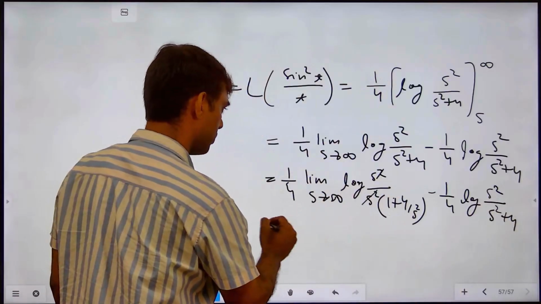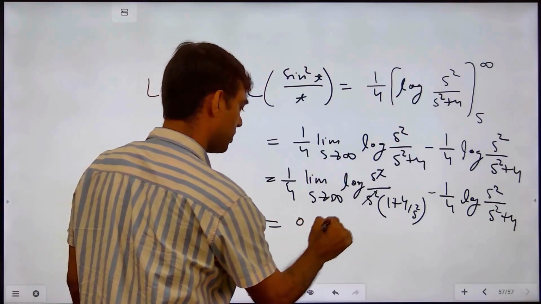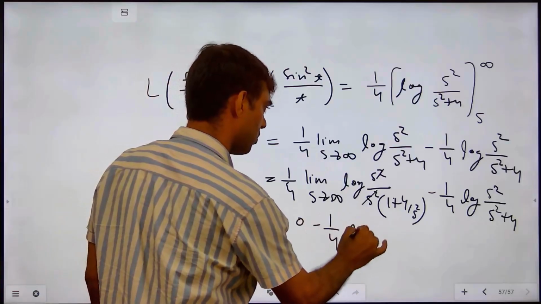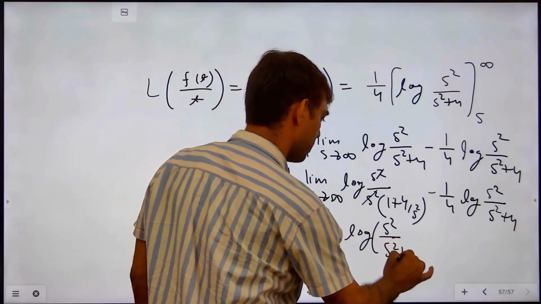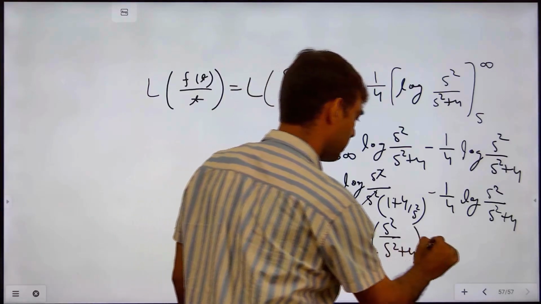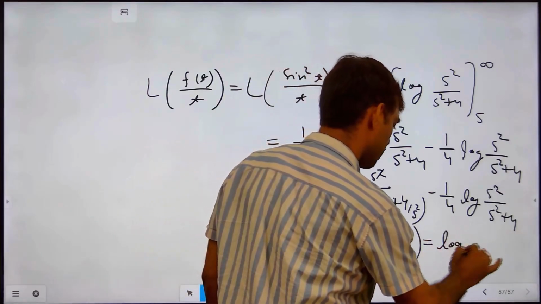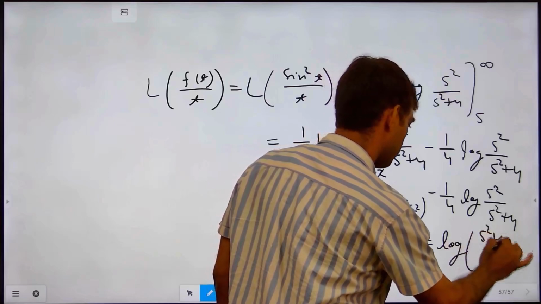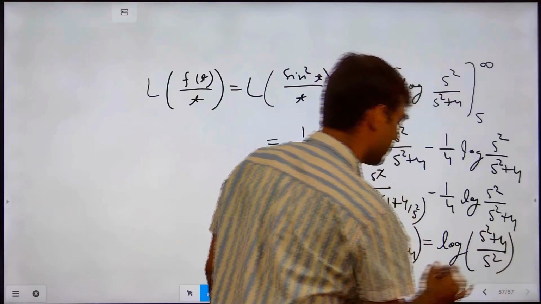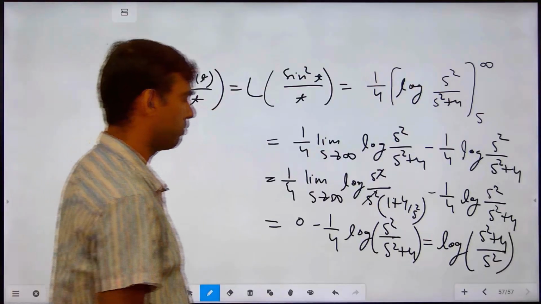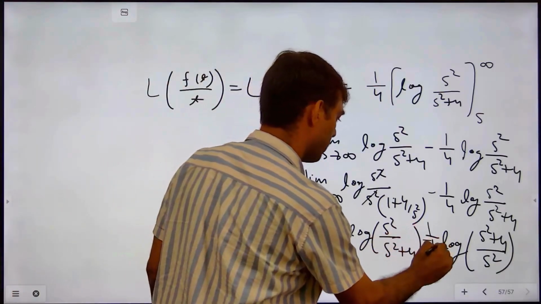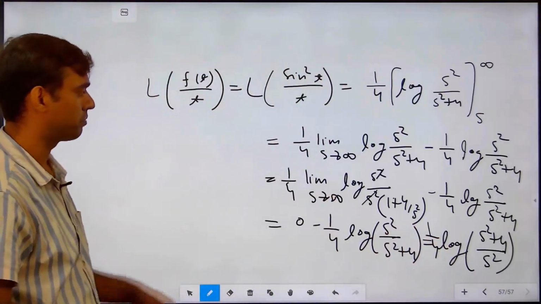This becomes 0 minus 1/4 log of s²/(s²+4), or log of (s²+4)/s², using the property of log, with 1/4 outside. So this one is the answer.